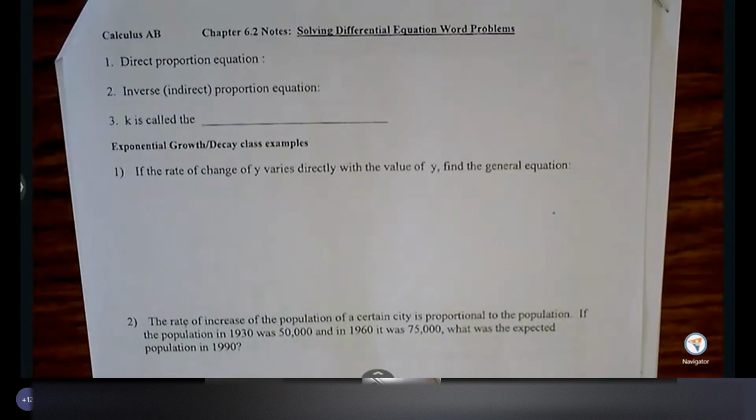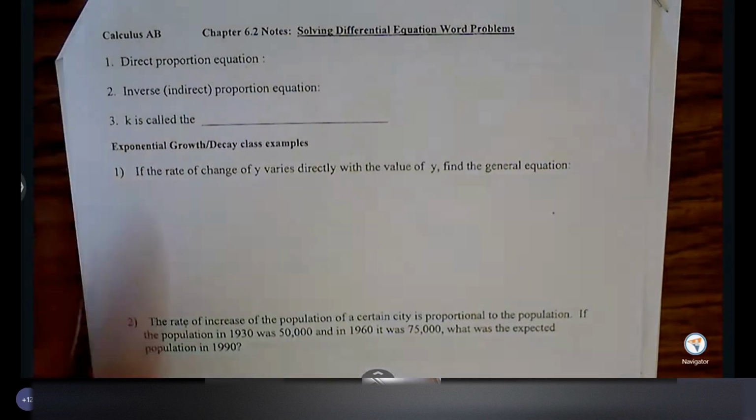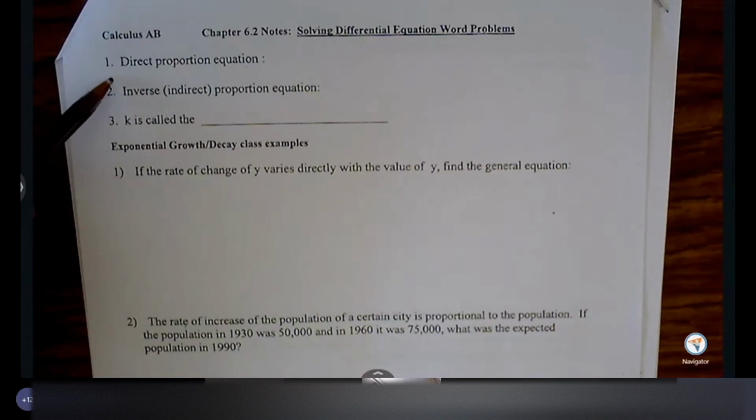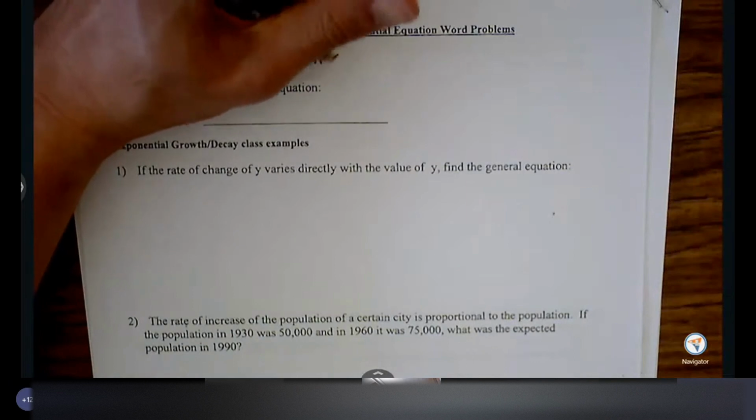Solving differential equation word problems. So this is going to feel easy compared to the previous section. The only thing is we've got to be careful, keep track of our numbers, solving for variables. So I have a way to hopefully provide a nice structure for you so you can keep things organized. A couple of notes here. Direct proportion equation. It's going to come in the form of y is equal to kx.